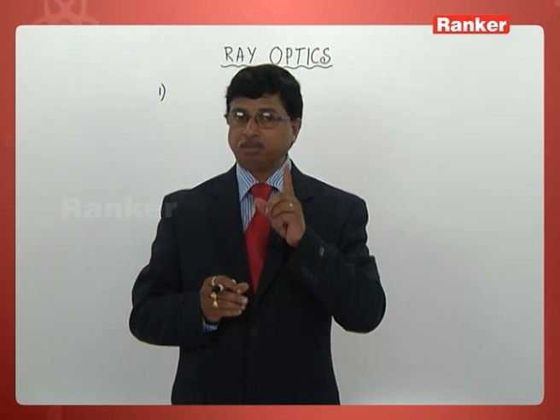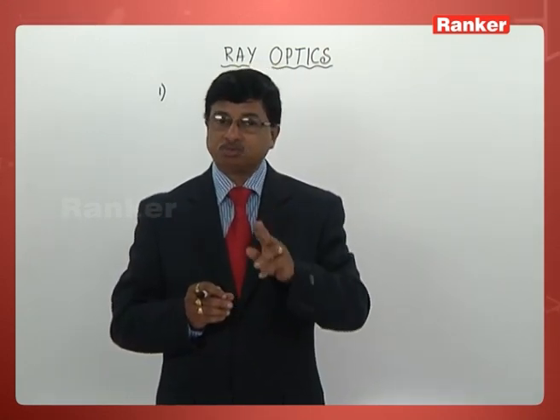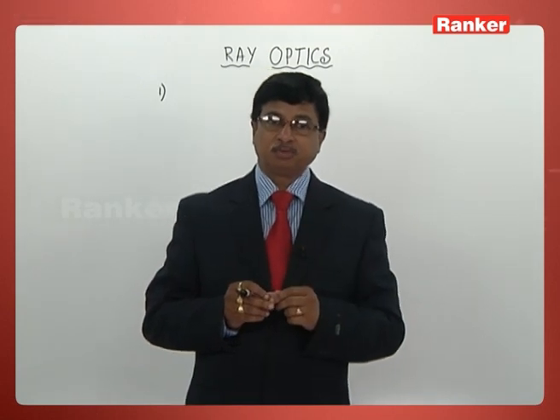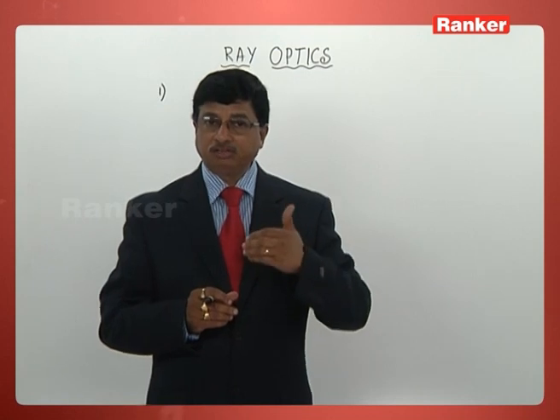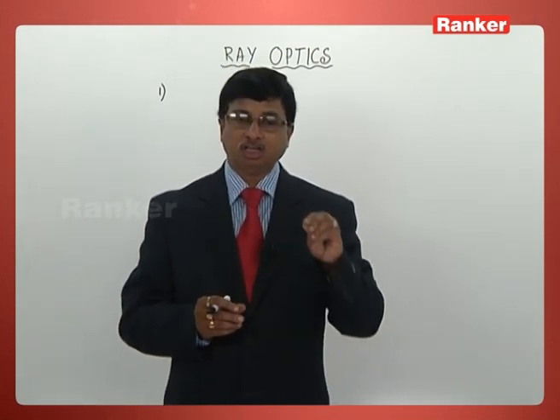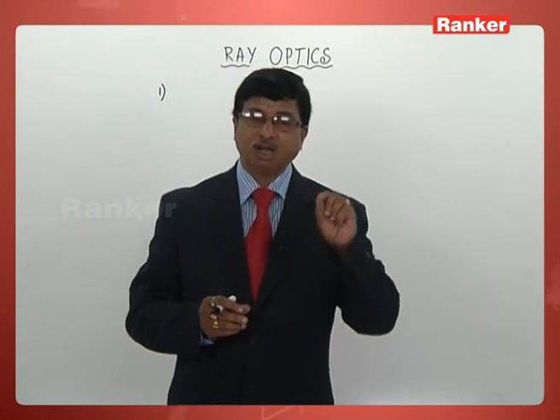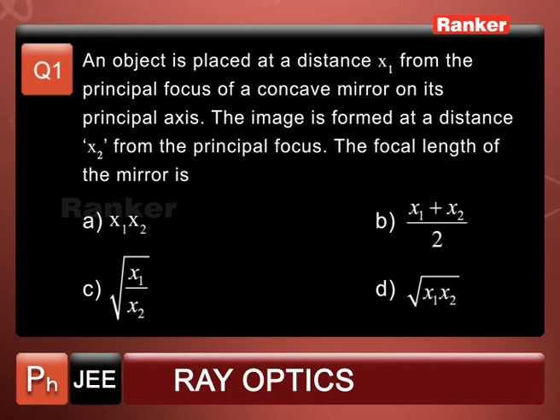But in this particular problem, he is giving both the distances from the principal focus of the mirror. So he is talking about an object placed at a distance x1 from the principal focus of a concave mirror on its principal axis. The image is formed at a distance x2 from the principal focus. The focal length of the mirror is how much?